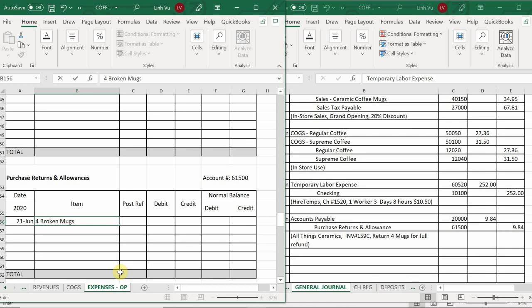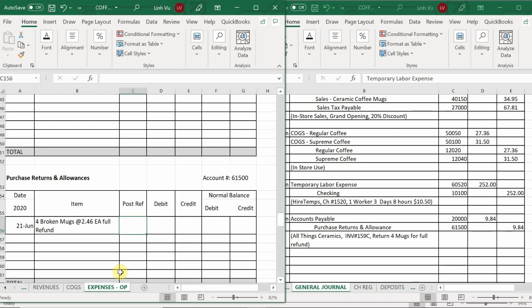Full refund at $2.46 each. Okay, general journal number 9. Debit, credit. It's a credit for $9.84.